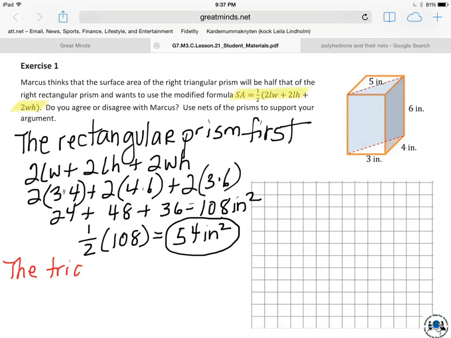So the triangular prism. Let's go ahead and look at its formula, and let's look at what we're talking about. We are talking about this piece that goes right here, and again, I don't know how much of this I drew, but all of this right here.